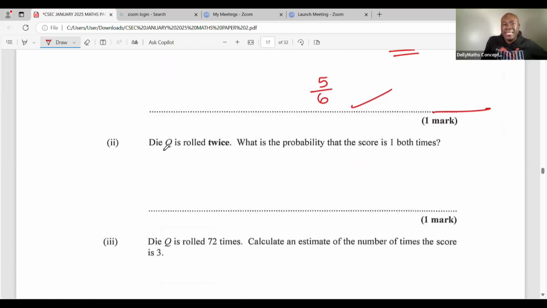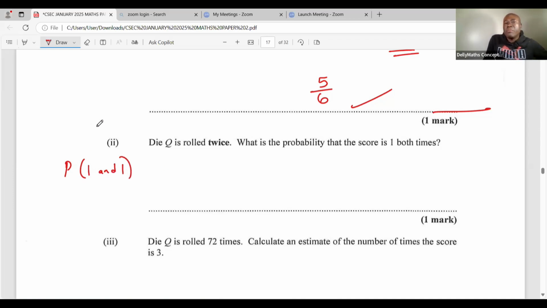Now, for this question, it says die Q is rolled twice. What is the probability that the score is 1 both times? So what we're going to do here is take the probability of a 1 and 1 again.